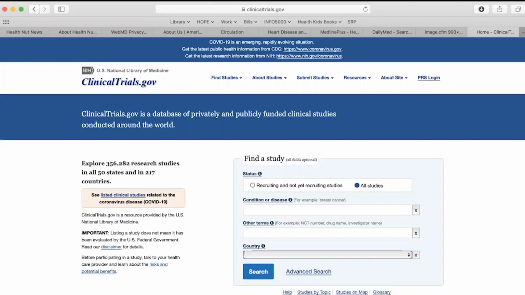So knowing my condition, I actually looked up were there any trials that I could be a part of first, and looking through them to know, okay, what is available to me. And many research studies are required to put their information on here. So this is a pretty comprehensive database of all the research that is currently being studied.